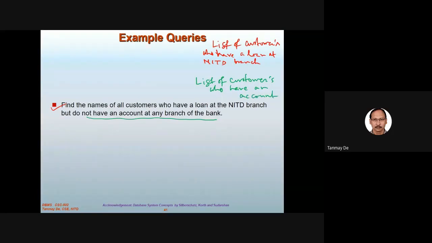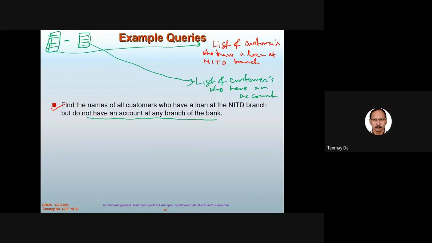This is one of the lists, and there is another list. This one consists of the list of customers who have a loan at NIT Durgapur branch, and these are the list of customers who have an account. If we perform the set difference operation between these two lists, what do we get?